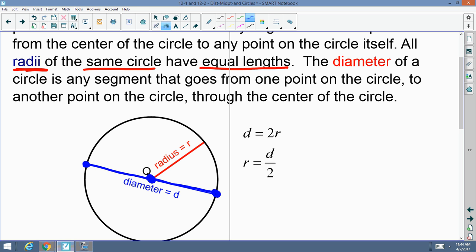So if you really look at this figure, the radius is half of the diameter, and the diameter is 2 times the radius. So if the radius is 5, the diameter is 10, and vice versa. If the diameter is 10, the radius is 5. Does that make sense, guys? I know it's basic, but I really want you to understand it.